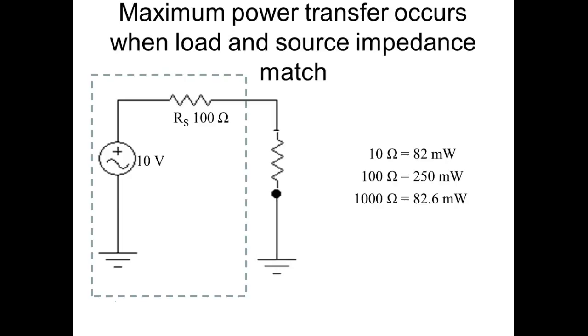If I'm dealing with a 75 ohm system, my transmitter has 75 ohms, my cable has 75 ohms, and my receiver has 75 ohms. If everything in the system matches, it means I get maximum power transfer from my signal source to my destination. Y'all understand that?